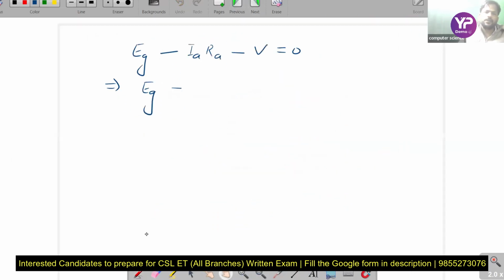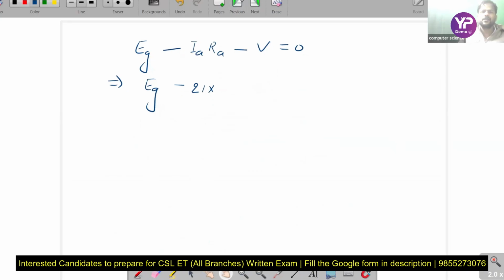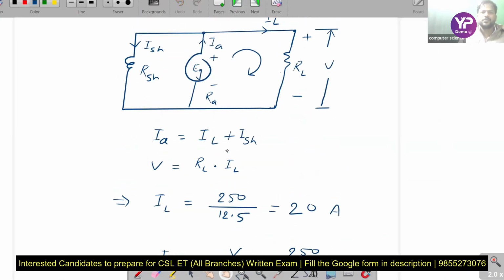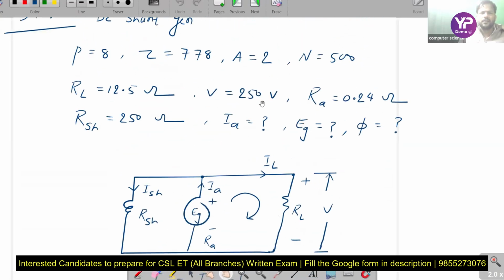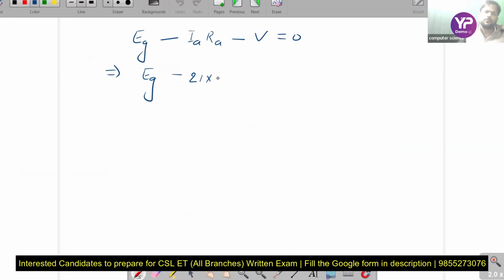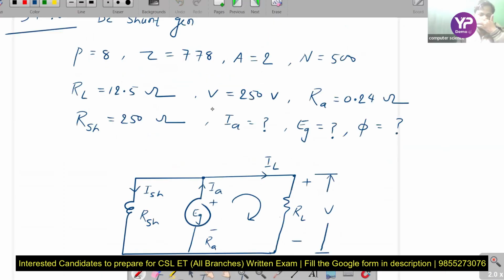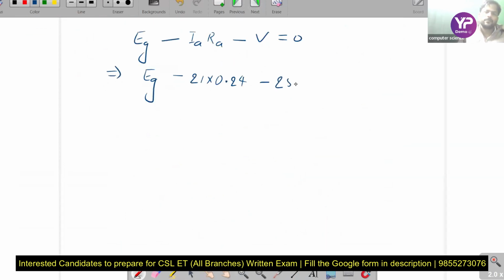Here IA is 21 and RA is the armature resistance, 0.24, and V is the voltage across the load, 250, equal to 0.